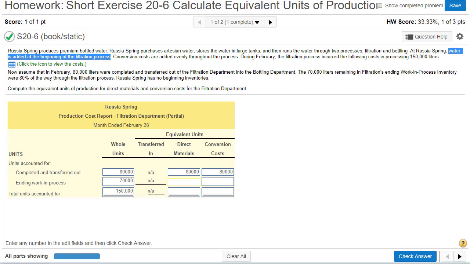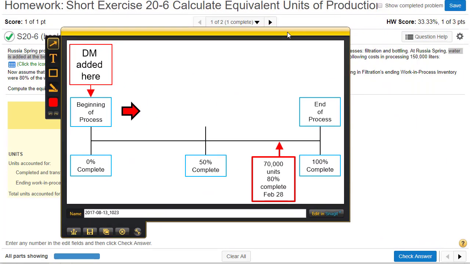So what that means is, let's look at our process. From our slides, we had a timeline. The timeline moves from left to right. So the units are started here in the filtration department, and then they move from left to right. You can kind of think of this as a conveyor belt. And then over here, they're 100% complete. This is the end of the process. This is the beginning of the process.